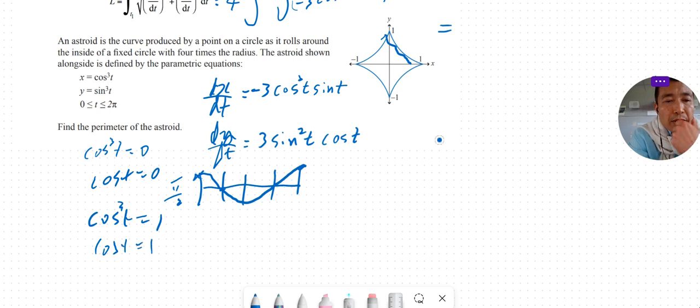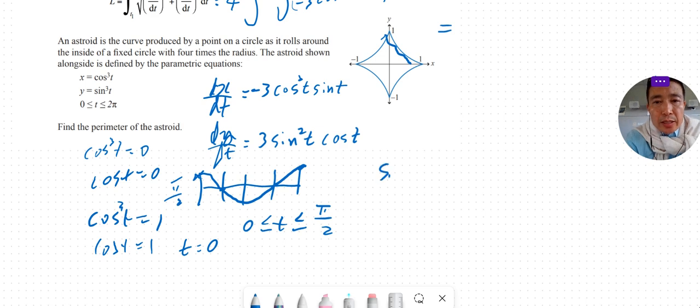So t is either 0 or 2 pi. But I do believe t must be 0. So from this, I can say t must be between 0 and pi over 2. Let's confirm with the y.